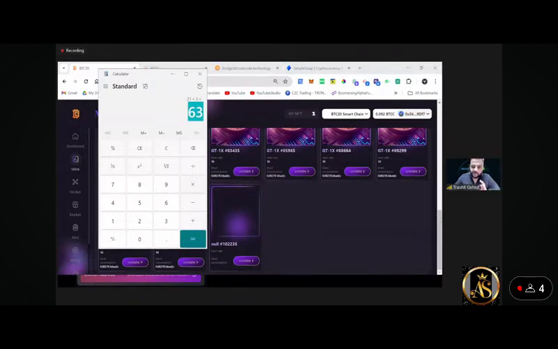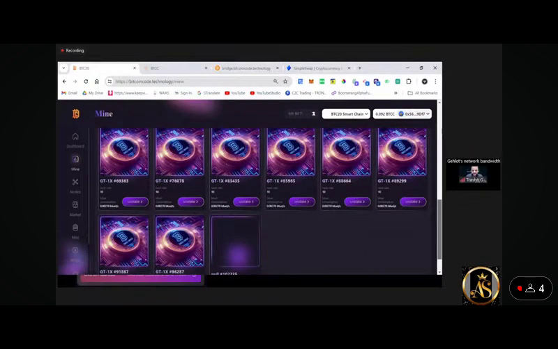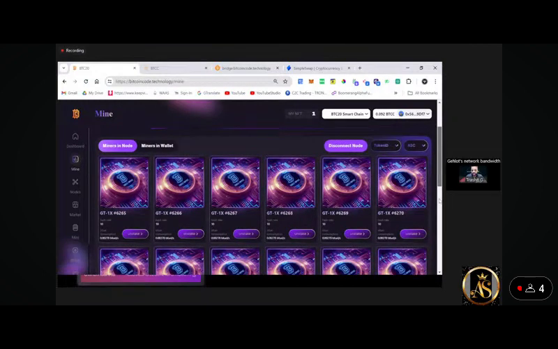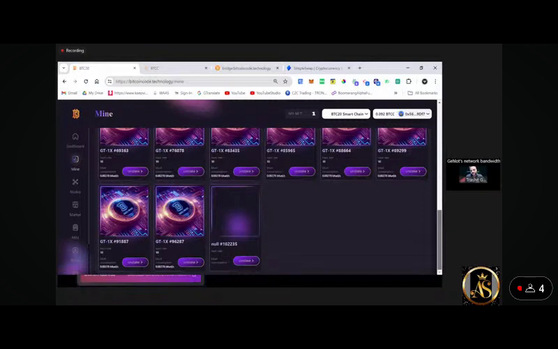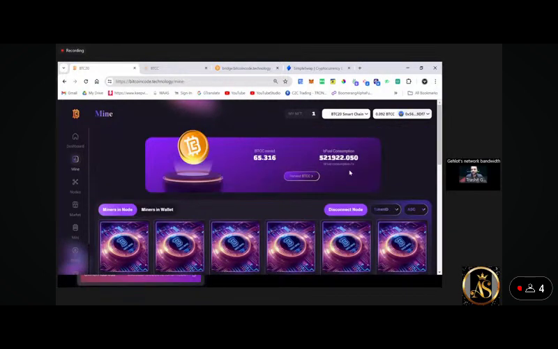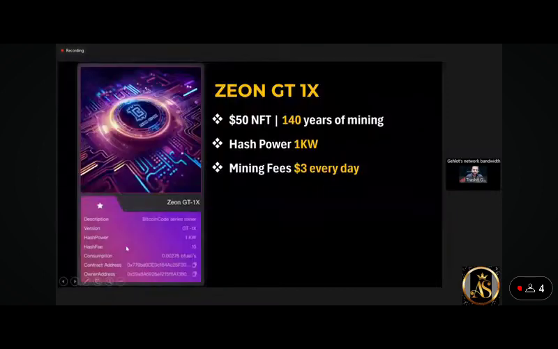This is the cost I have to bear, which is already determined in terms of the fuel. So for us to understand, it is very, very important that each NFT has its own hash power, which determines the claim on the daily supply, as well as the consumption rate, that is the mining fees, which determines the cost of mining. All right.